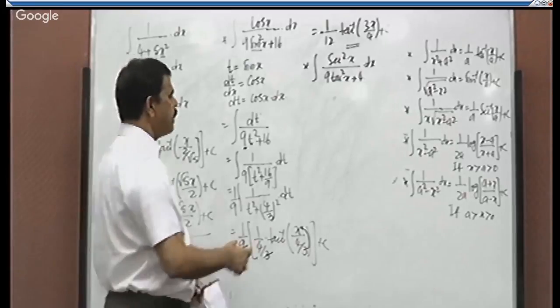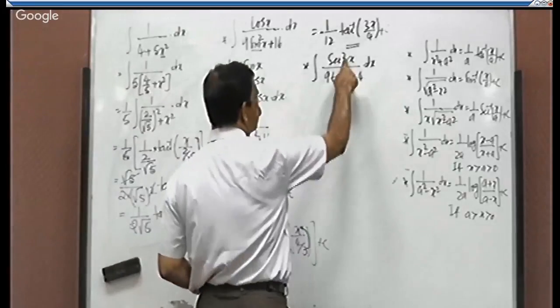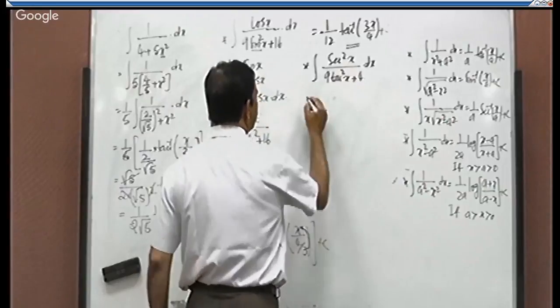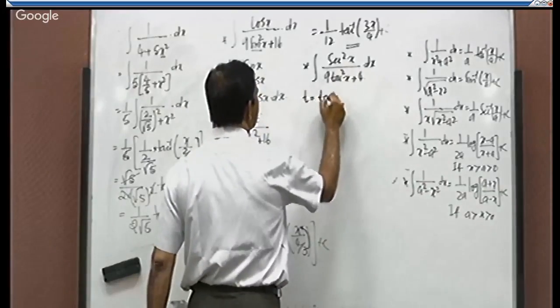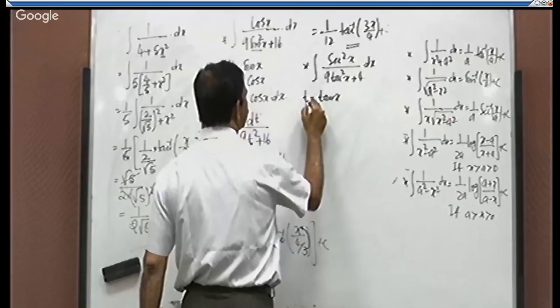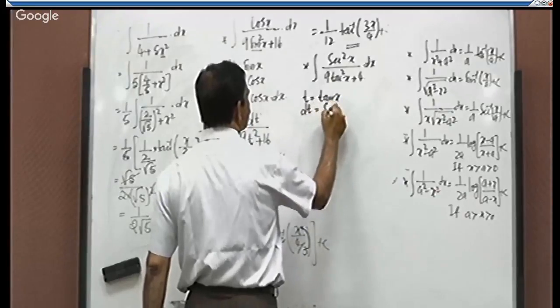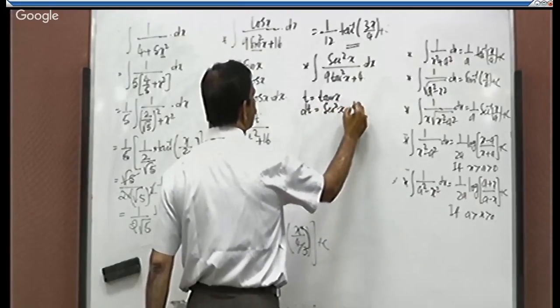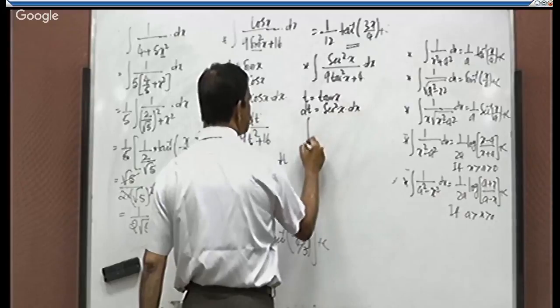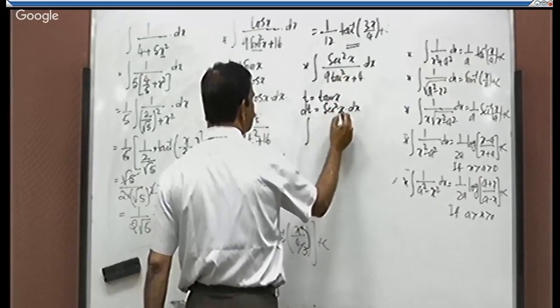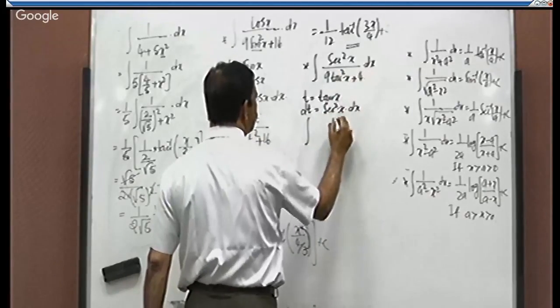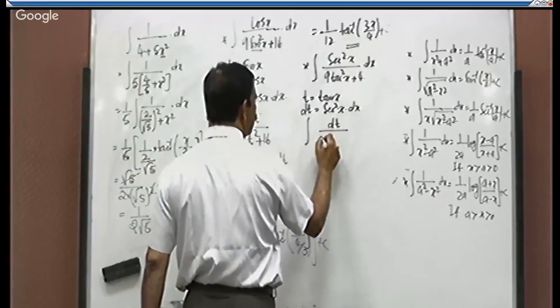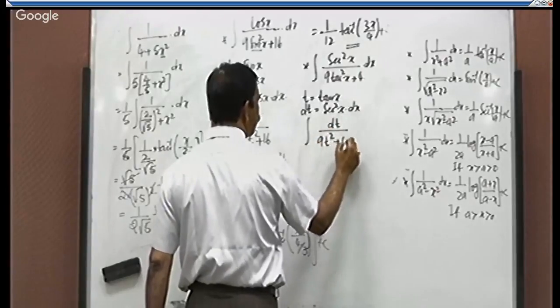When there is a tan and secant square, you need to go for substitution. Put t is equal to tan x, differentiate this, dt is equal to differentiation of tan, which is secant square x into dx. Substitute here. Secant square x dx is equal to dt divided by 9 t square plus 4.